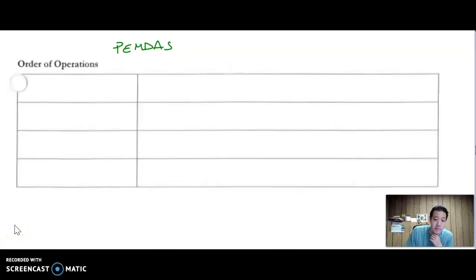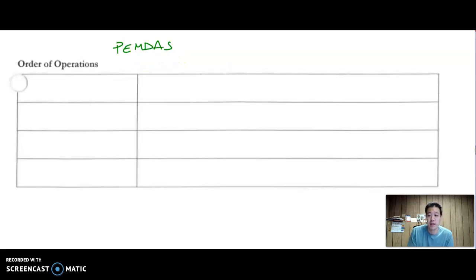When we talk about order of operations, we are evaluating, not solving. Solving means you're solving for a variable. Evaluating means you're simplifying and calculating. Maybe you've heard of the phrase PEMDAS. This is the order in which you evaluate. P stands for parentheses or groupings, E is exponents, M and D is multiplication and division, and then addition and subtraction.